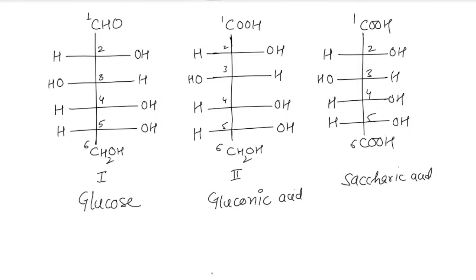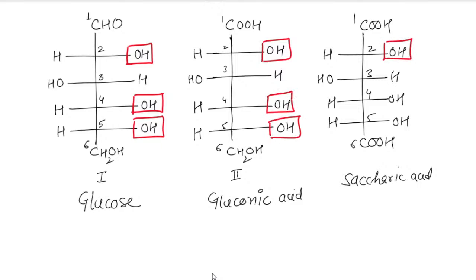See, the OH groups at C2, C4 and C5 are oriented towards the right, but at the C3 carbon this OH is oriented to the left. Only this is the difference. Okay, got it? Any confusion in the structure?